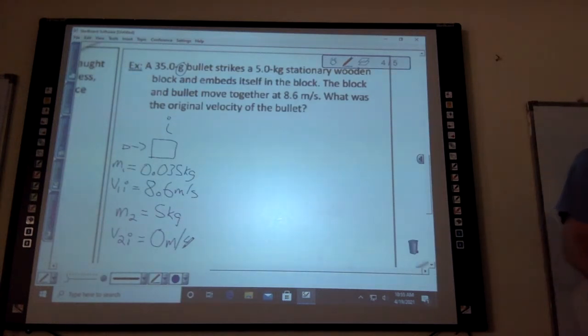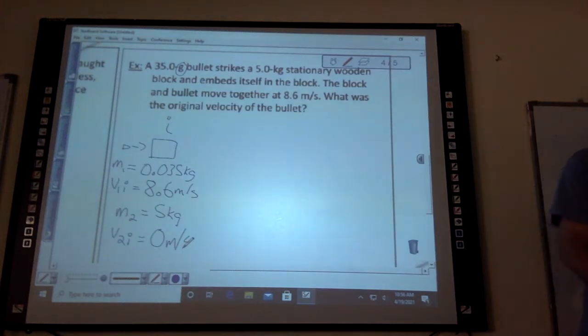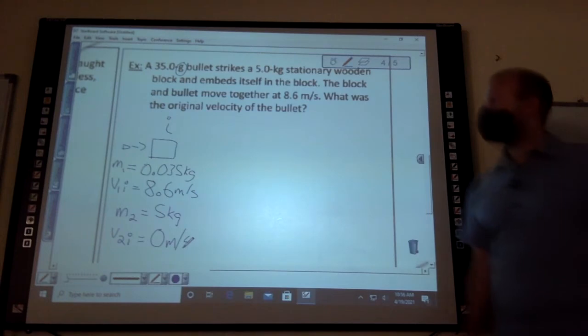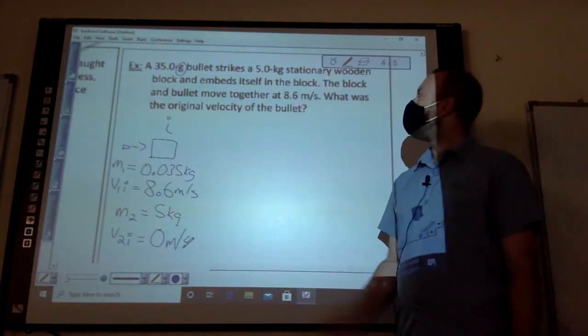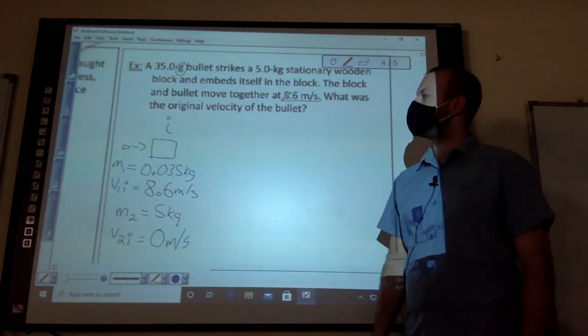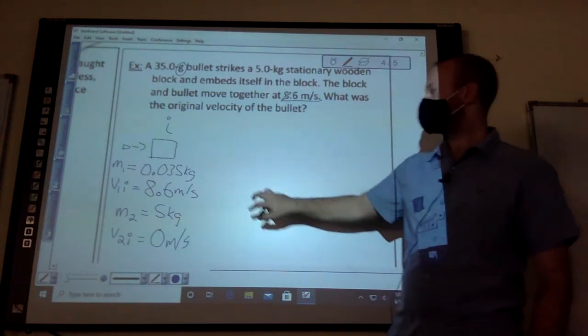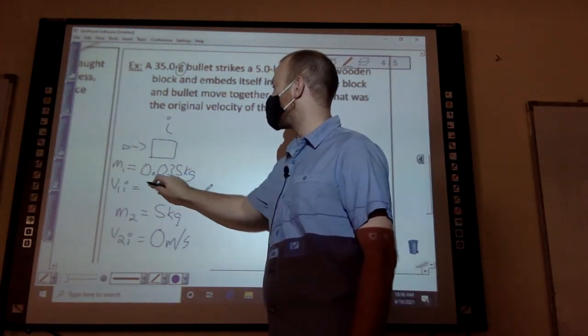Where did the 8.6 come from then? So initially, the bullet's traveling towards the block. The 8.6 is once the bullet has hit the block. So this is our final velocity. So this is what we're looking for.